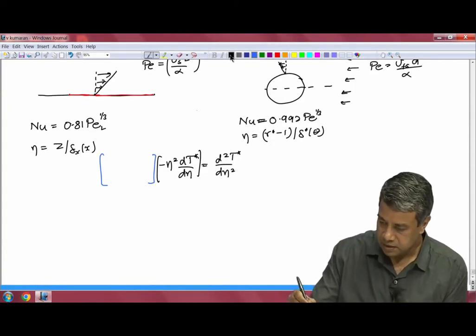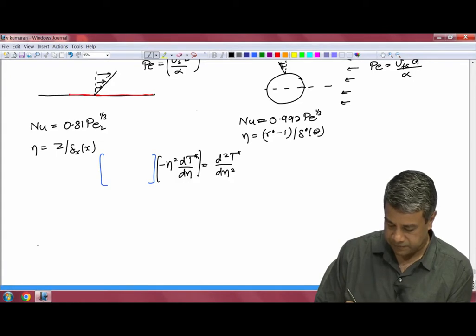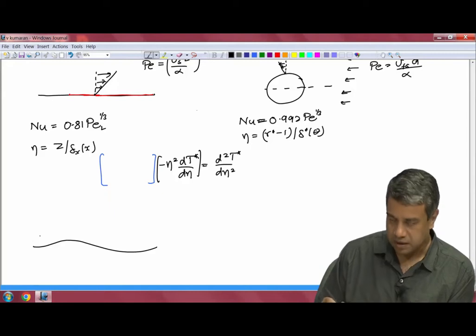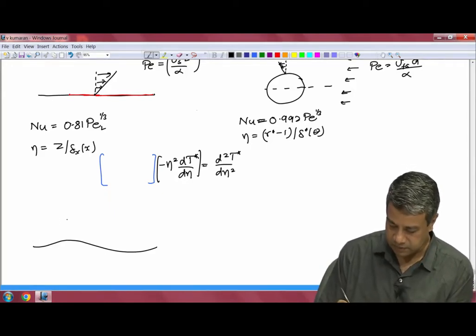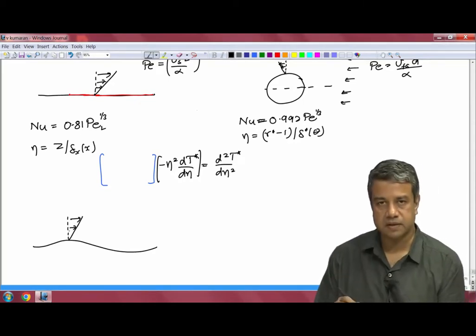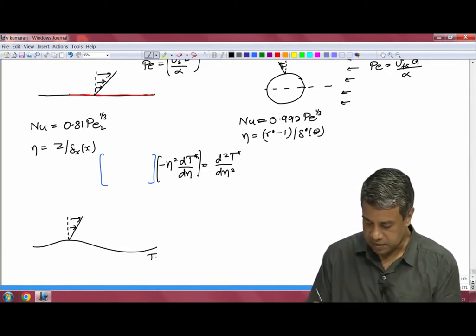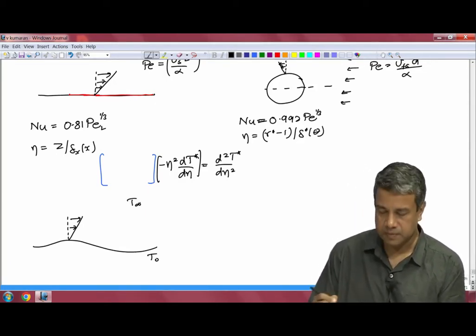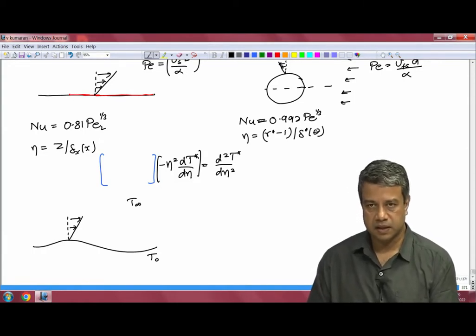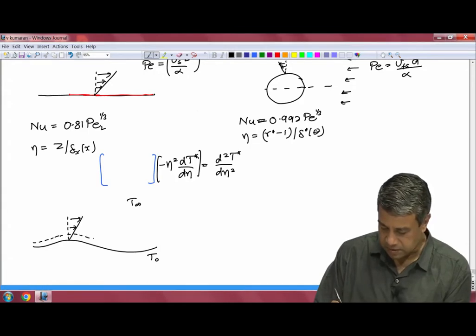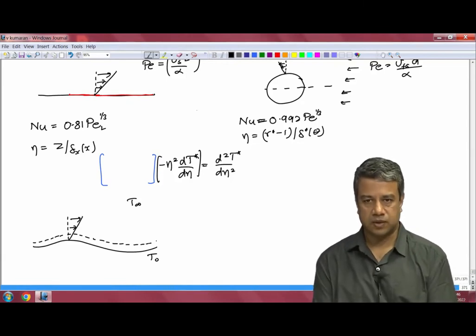So, let us just consider a general surface which has some curvature, and let us assume that there is some flow which has a no slip condition at the surface. So, the velocity decreases to 0 at the surface. The surface is at temperature T0, the fluid is at temperature T infinity far from the surface, and the flow is sufficiently fast that the temperature disturbance is restricted to a thin region close to the surface, in both cases.